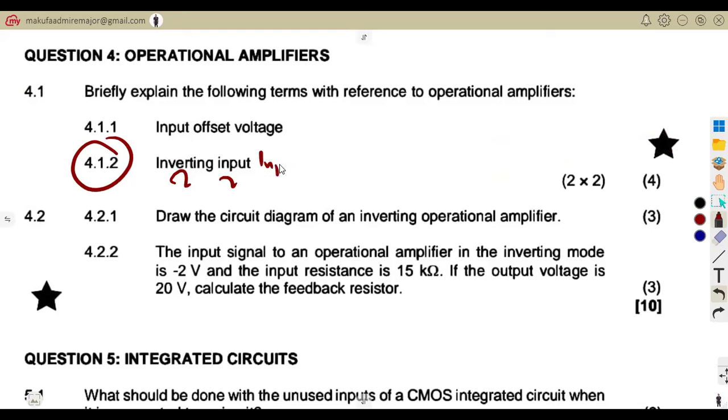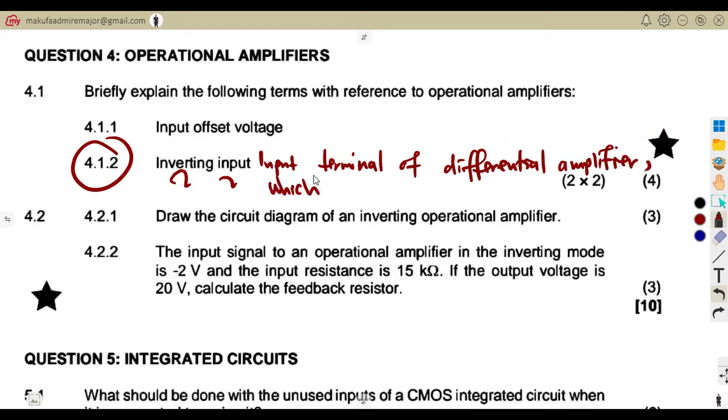So that is simply the input terminal of a differential amplifier, which produces an antiphase output when a signal is applied.